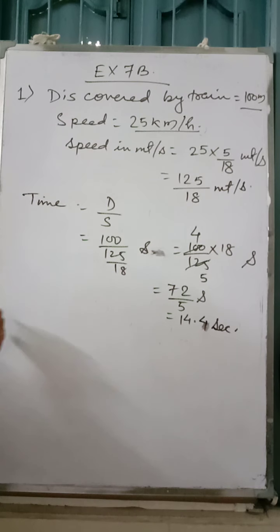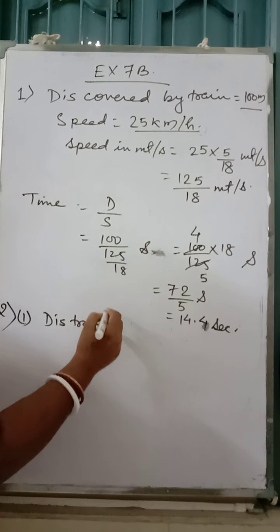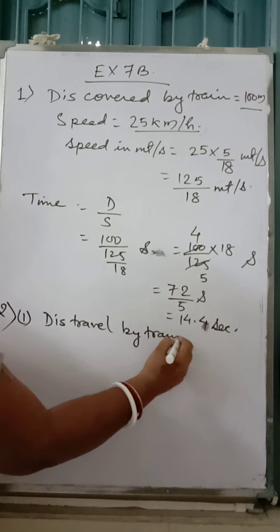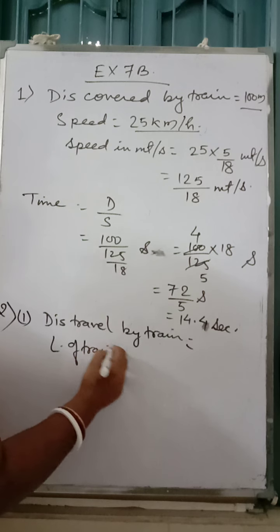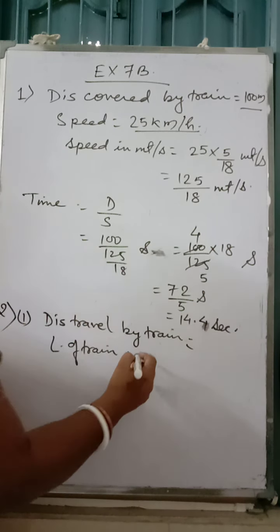Question number 2: in how much time will a 150 meter long train cross a 250 meter long bridge if the train travels at a speed of 50 km per hour? Just look at the first one. Distance traveled by the train would be length of train plus length of bridge.